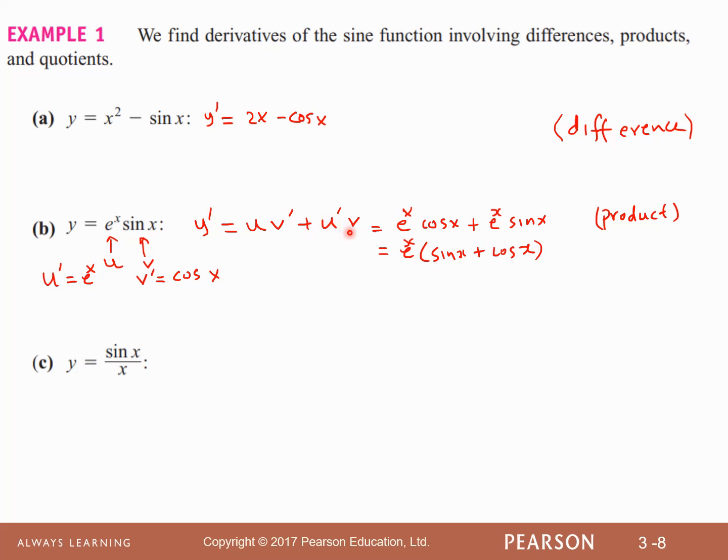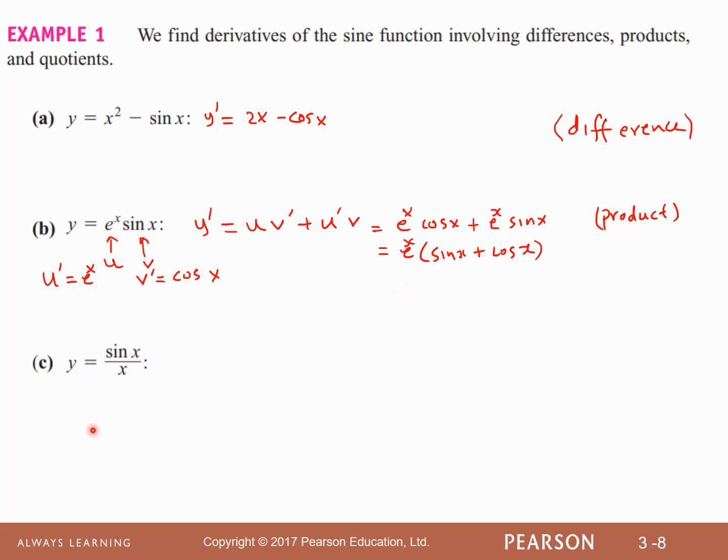That is e to the x cosine x, plus e to the x sine x. We could just take e to the x as a factor, and then we'll have sine x plus cosine x. And this is an example of a product.